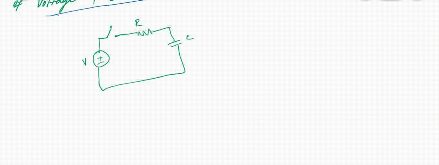So with the help of a switch, we can feed the circuit with the input, or remove the input from the circuit. In the next class we are going to see the remaining topics in this time domain analysis.